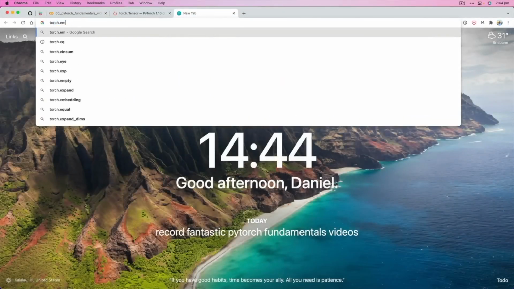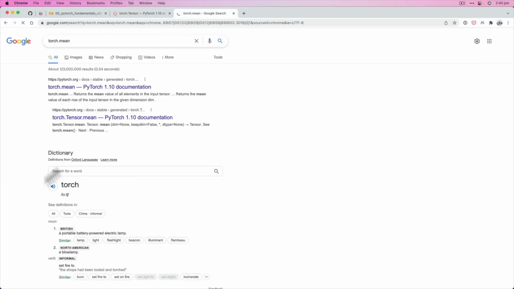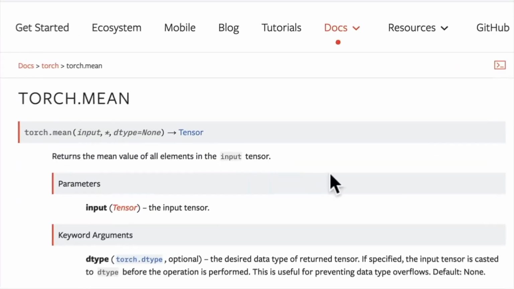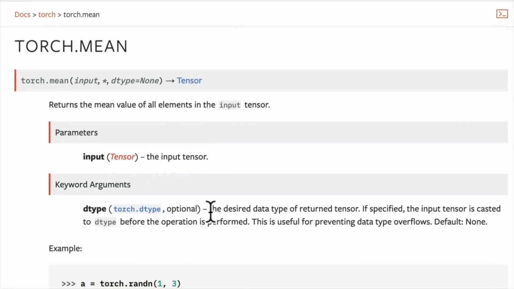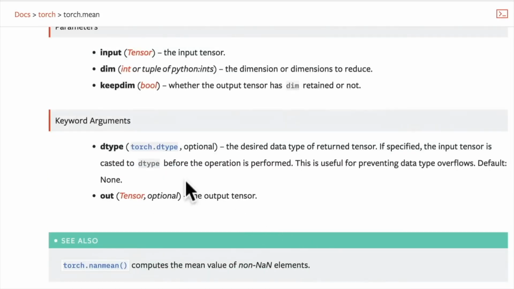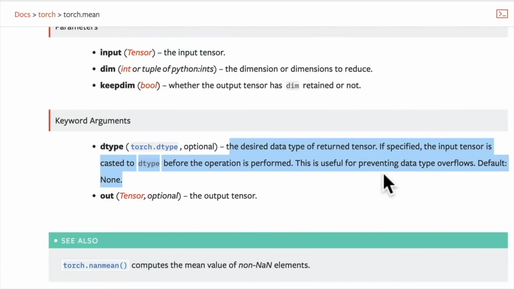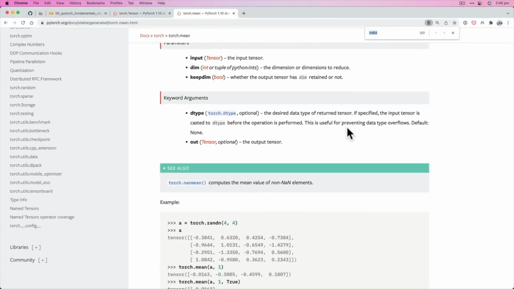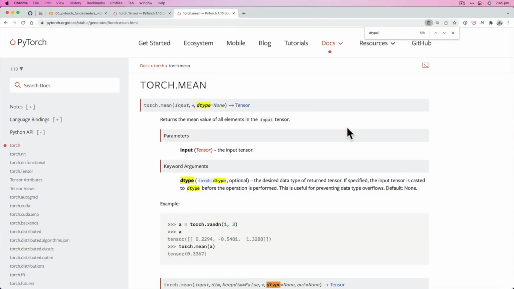Or before we do that, if we go to torch.mean, is this going to tell us that it needs a D type? Oh, D type? Optional, the desired data type. Does it have float 32?